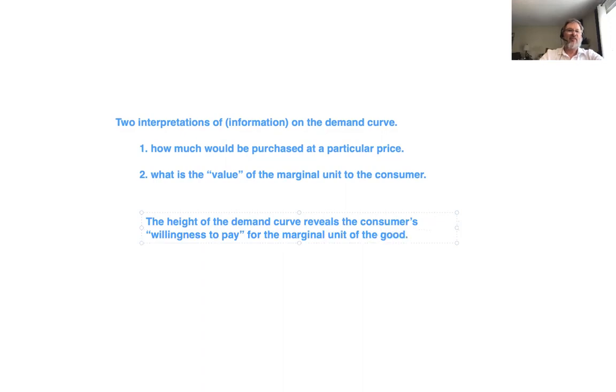And that's just another way of being specific and saying I'm not talking about purchasing all 17 units in a bundle. I'm talking about the 17th unit, the last one, or the 10th unit.